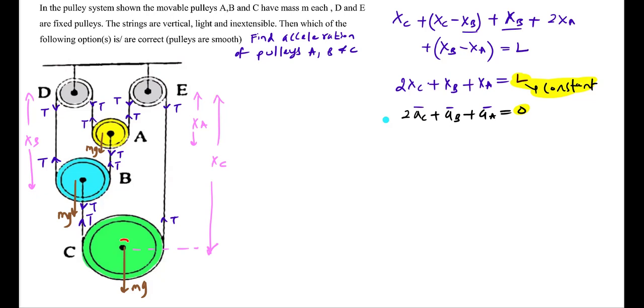On the pulley C, the forces acting are mg minus 2T equal to m ac.